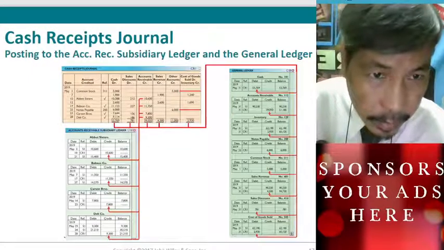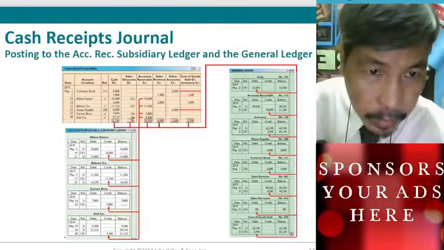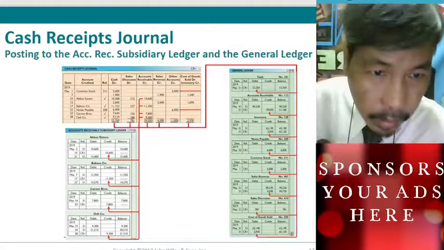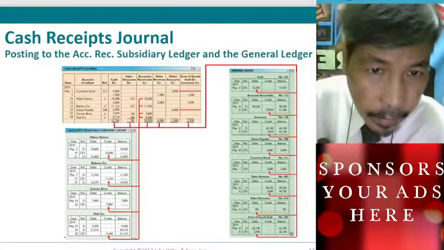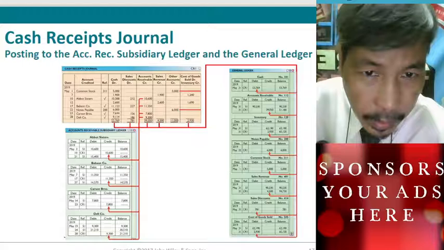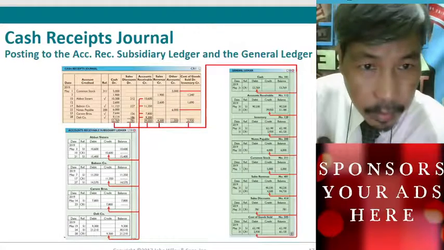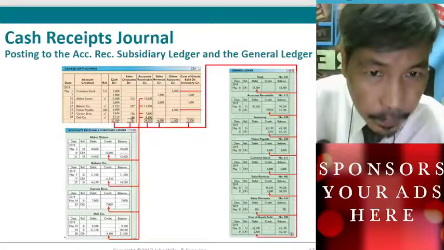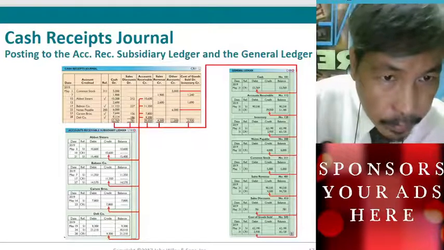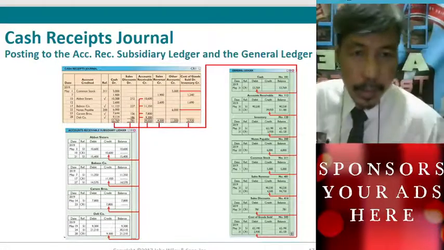In the general ledger we just have the totals. In the subsidiary ledger, as you can see right now, and the general ledger, we have the totals there. So it's very easy to keep track.